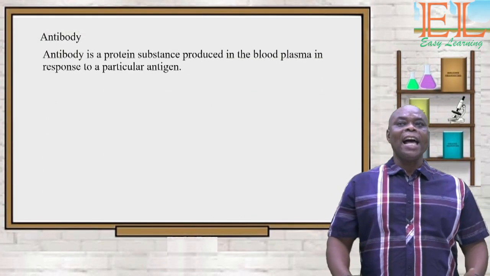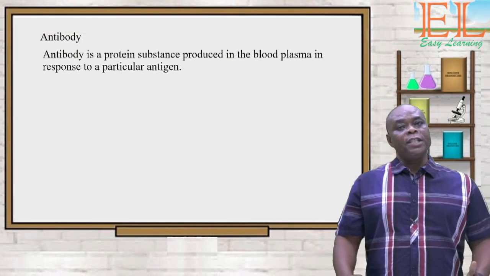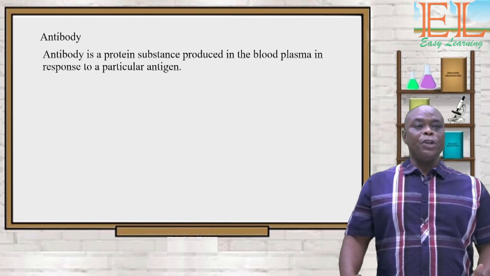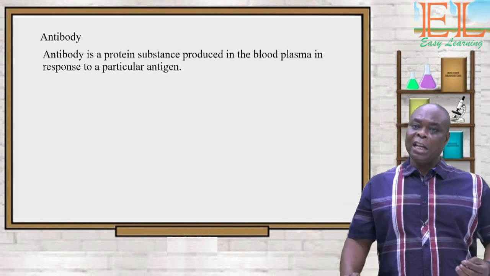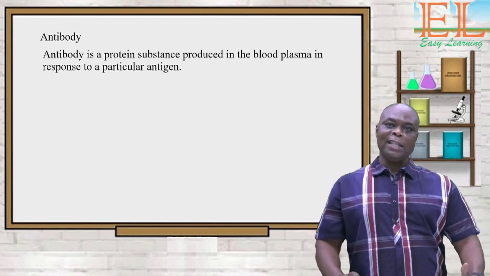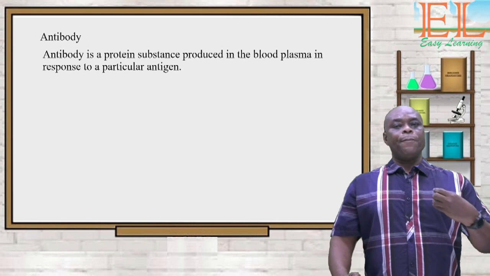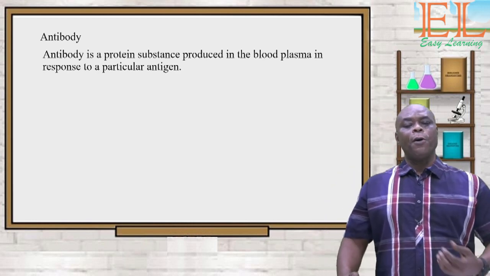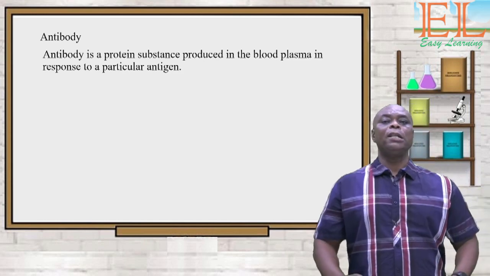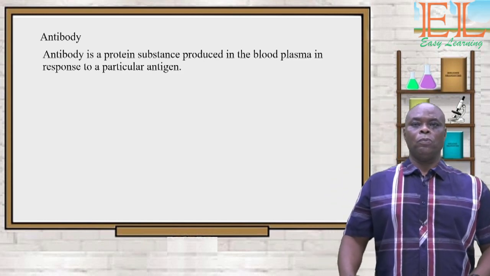Like we said earlier, they are also protein substances which are produced in the blood plasma in response to a particular antigen. That means when a foreign antigen comes in, it is produced.